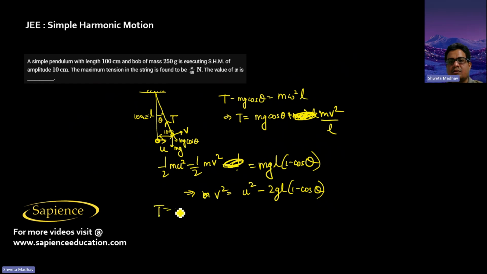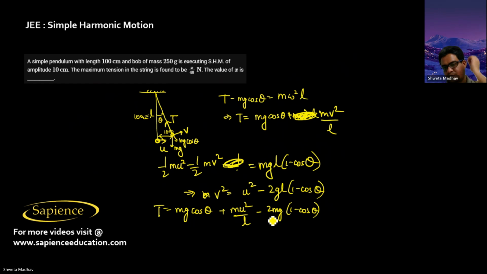So T will be equal to mg cos theta plus m by L into this. So plus m u square by L minus 2mg into 1 minus cos theta, equal to m u square by L minus 2mg plus 3mg cos theta.